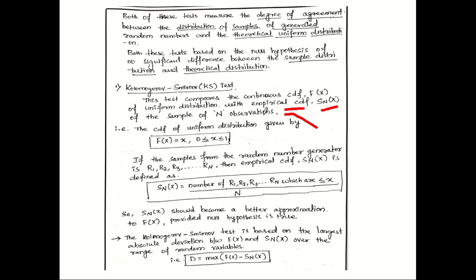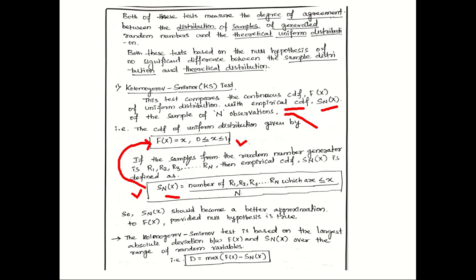So whatever the empirical test conducted on n observations, that is compared with what here? The theoretical uniform distribution CDF. So this is the CDF of the uniform distribution and this is the empirical distribution CDF.